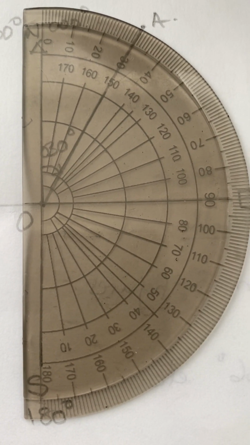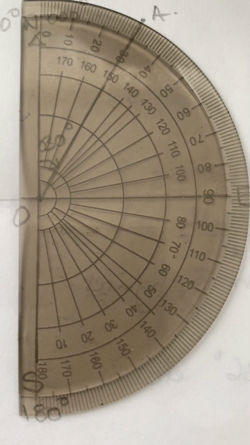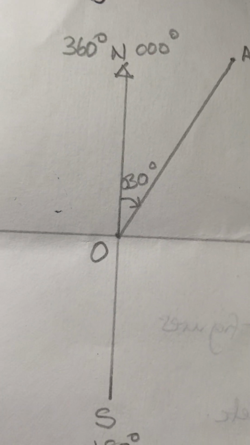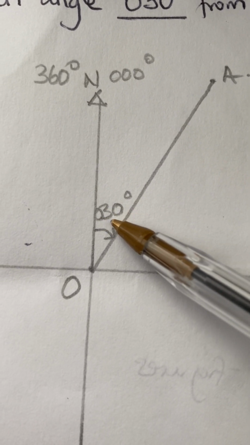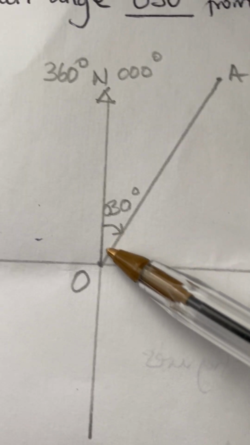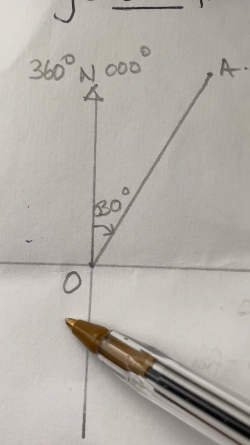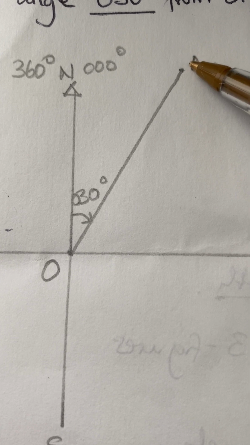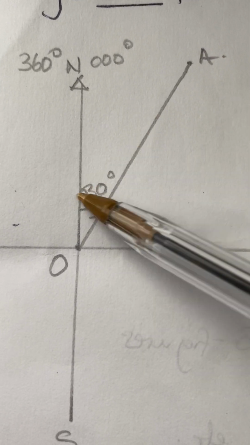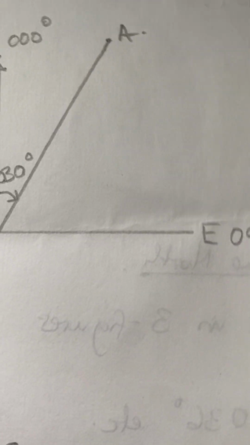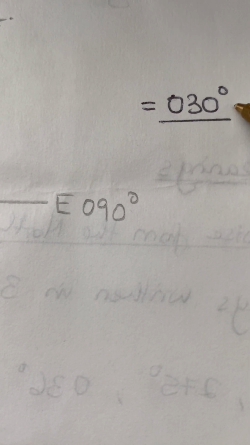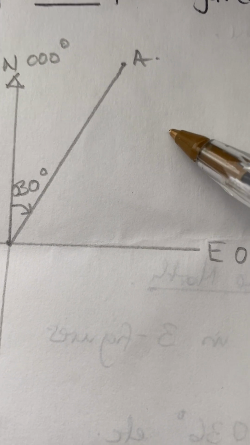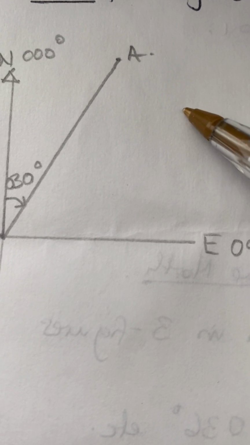So that is my angle 030. I've written it in 3 figures from the origin to A, and this is in the first quadrant. So immediately I see 030, I know everything I have to do is in that quadrant here.